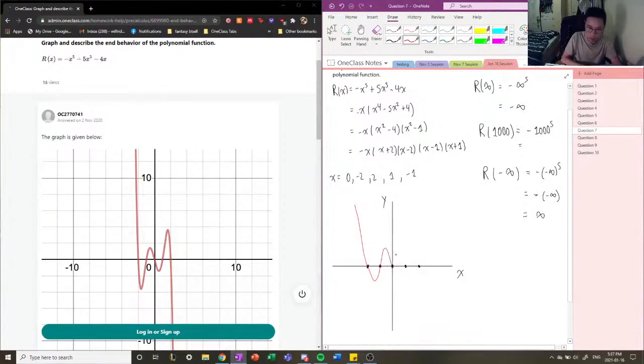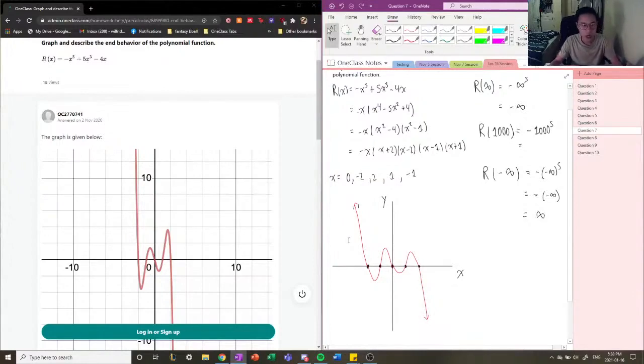We keep doing this with all the zeros. So it will have a local minimum, come towards the next zero, have a local maximum, and so on, until it comes to the last zero and goes back down towards negative infinity. So this is approximately what the function looks like.